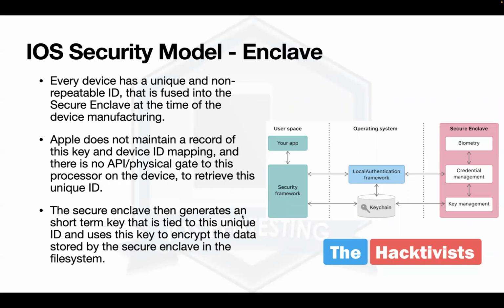Typically, the secure enclave is nothing but a partition at the hardware level, which is utilized to store all the sensitive data. What sensitive data will our iPhone be holding?